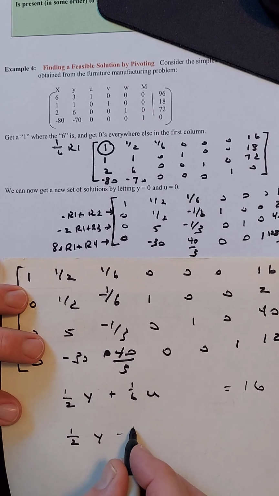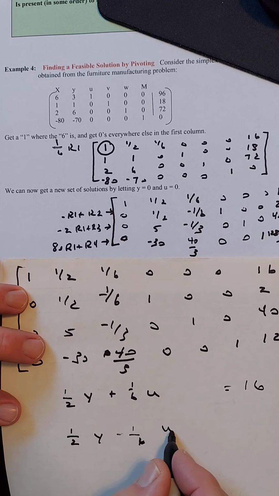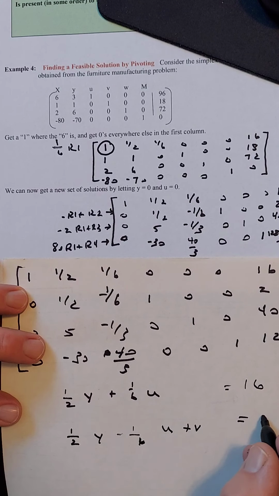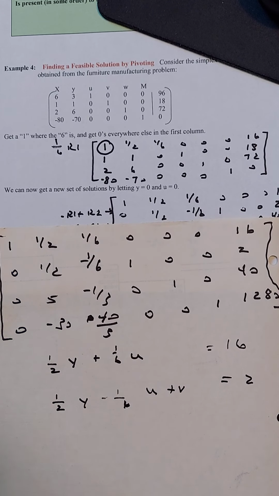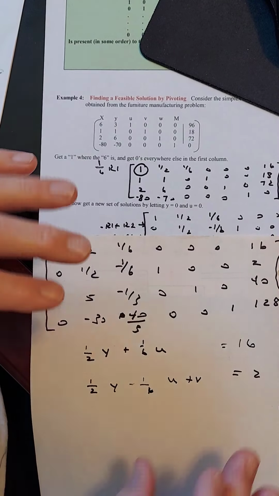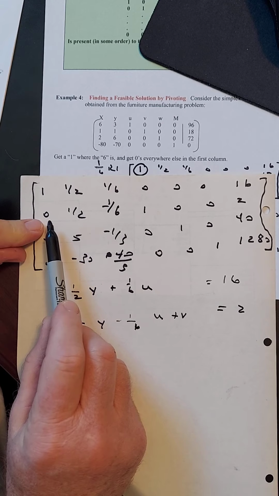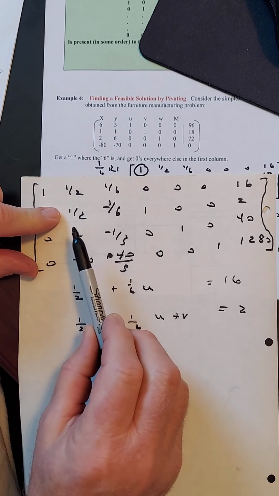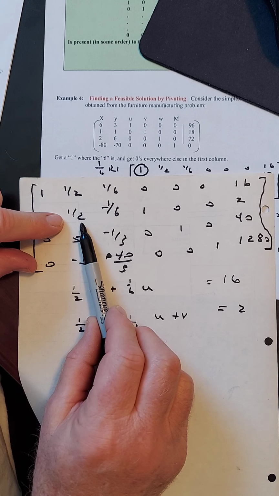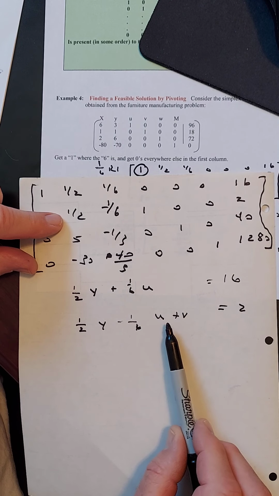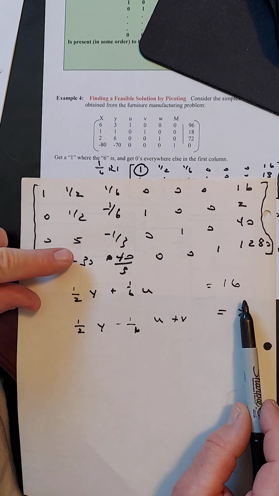Okay, minus 1/6 u plus v equals 2. That's not showing up very good. I keep losing my paper. Try to keep more of it in. There we go. So what I was doing, okay, so this is 0x, that drops out. So I've got 1/2 y, negative 1/6 u, plus v equals 2. Now I'm going to go to the next one.